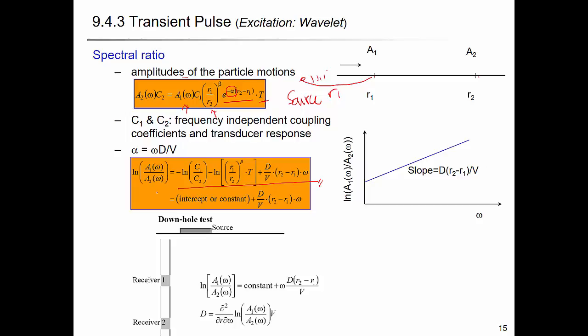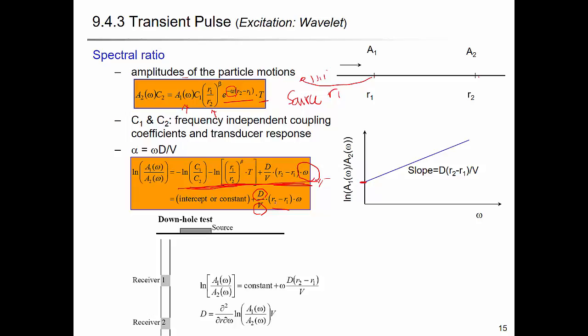If you plot this spectral ratio over the frequency, then this is just the y-intercept, and this is the linear curve. From the slope, you can estimate the damping, but you need to know the velocity and the distance. So this is called the spectral ratio method.